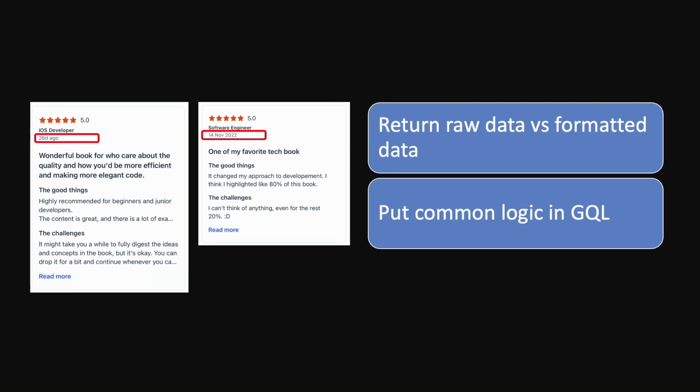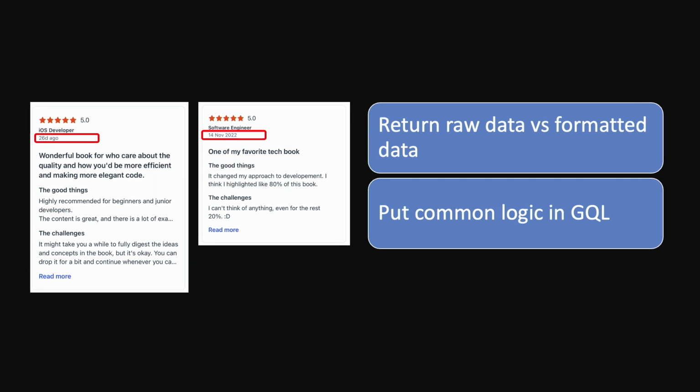Imagine if GraphQL just returns us the raw data, the date, then all the three front-end platforms, the iOS, Android, and the web, need to have some local logic of implementing this formatting requirement. And this is where we see opportunity in GraphQL that it can consolidate that logic.